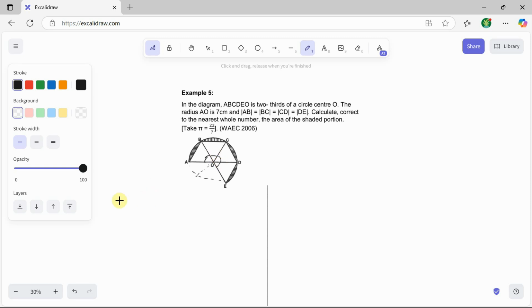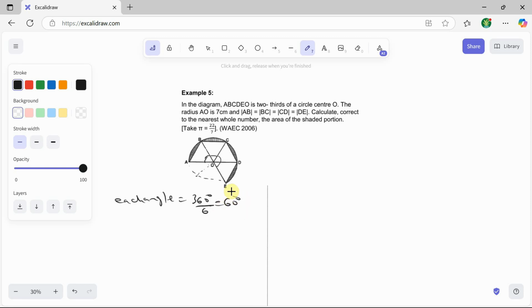So each angle would be 360 degrees divided by 6, which is 60 degrees. So this is 60, 60, 60, 60. If I find the area of the segment of one part and multiply it by 4, I should be able to find the area of the shaded portion since they are all similar. Do you agree with me?